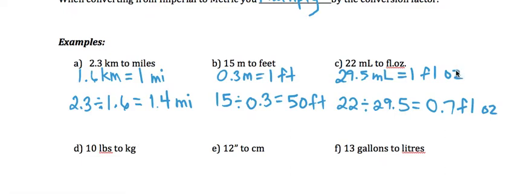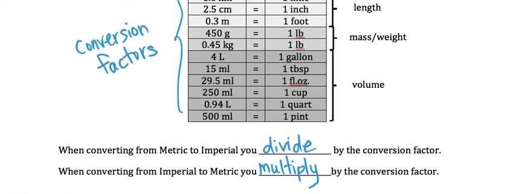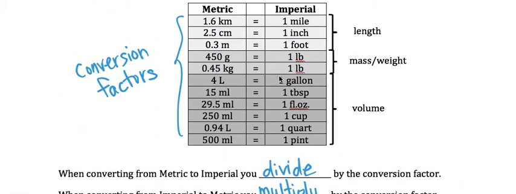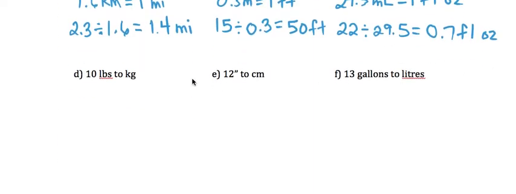Now I'm going to take a look at converting some imperial units into the metric system. So now I'm going to go from pounds to kilograms. Again, I'm going to refer back up to my chart. 0.45 kilograms is the same as 1 pound. I'm going to use that conversion to my advantage. Now I'm starting at 10 pounds, and because I'm going from the imperial system to the metric system, I'm multiplying by my conversion factor of 0.45.